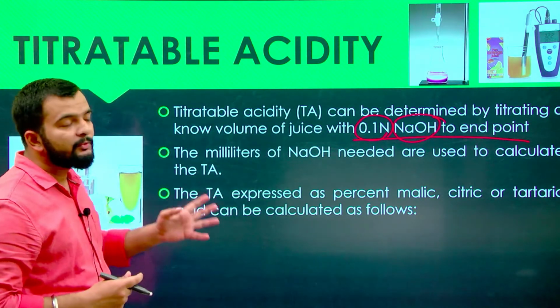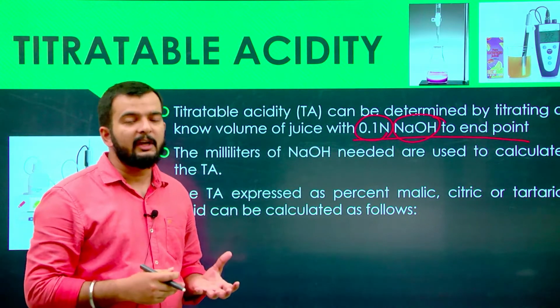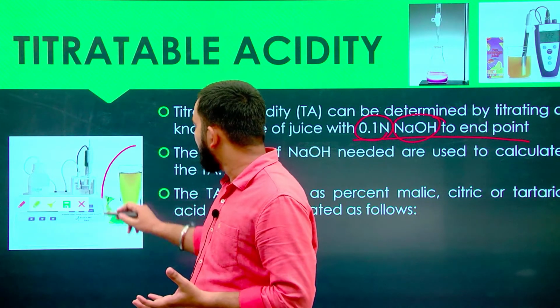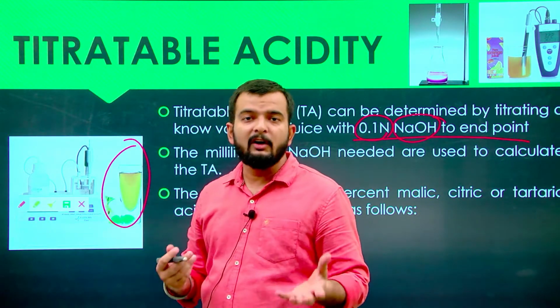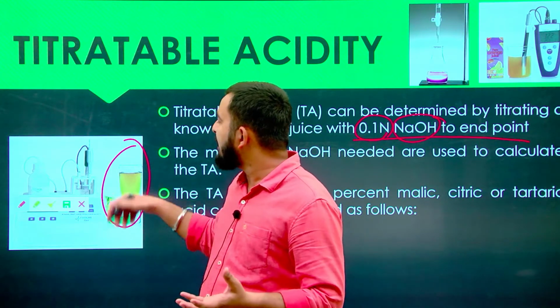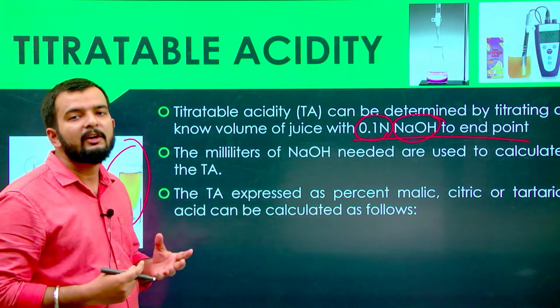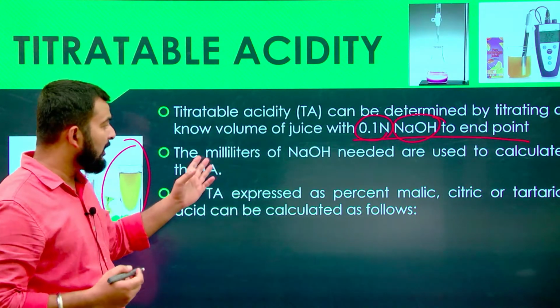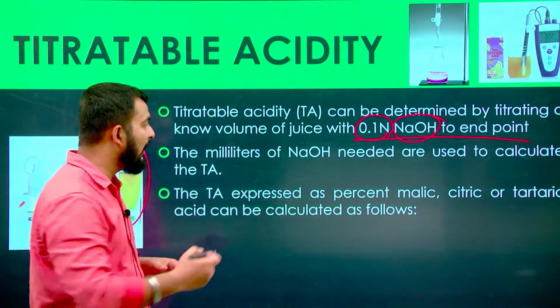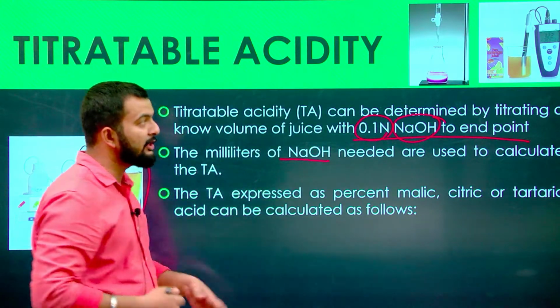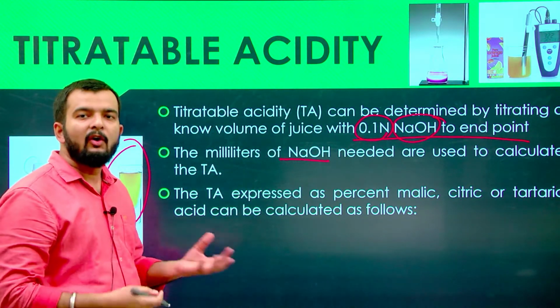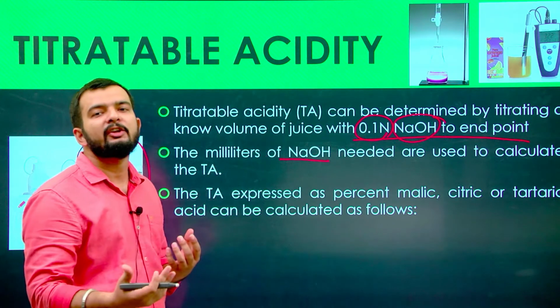So, what we do is we take a known amount of juice in your flask, and then you titrate it against an alkali, commonly 0.1 normal NaOH. You will get a reading of how much NaOH has been utilized in neutralizing all the organic acids that are present in your juice.